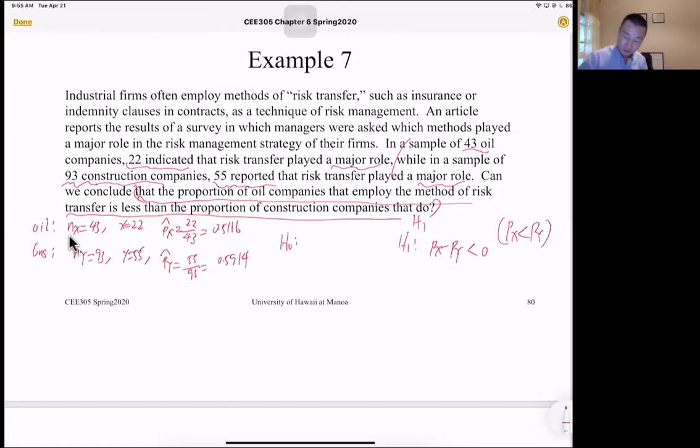Then H0 will be the opposite: px minus py larger than or equal to 0. Then we calculate the z-score. But before we do that, we need the pooled proportion, which is this, based on the equation.